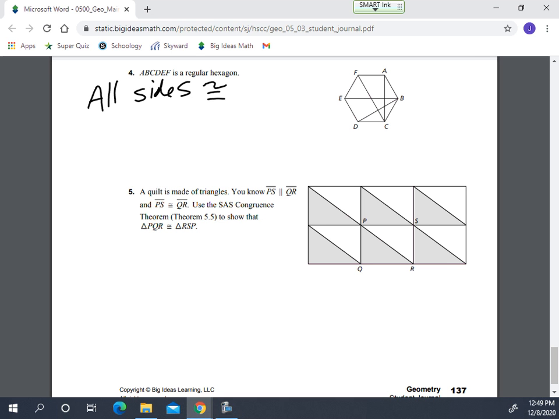Because we know that this side is congruent to that side, which is great to know. We also know that if it's going in a diagonal or straight across our hexagon from one angle to the other, that side is congruent to that side.